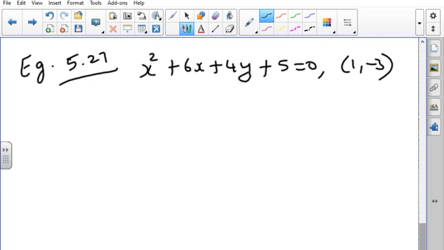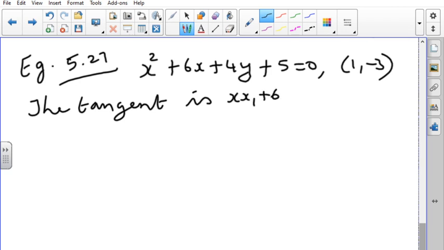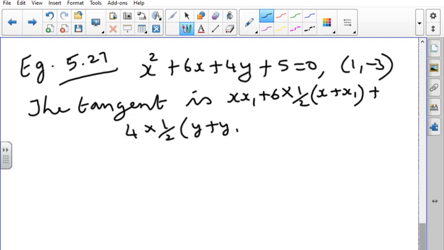As I said in the previous problem, for the tangent, x square can be substituted with x x1. So x x1 plus 6 into x can be taken as 1 by 2 into x plus x1, and plus 4 into y can be taken as 1 by 2 into y plus y1, plus 5 is equal to 0.